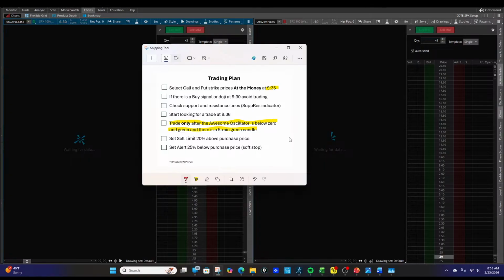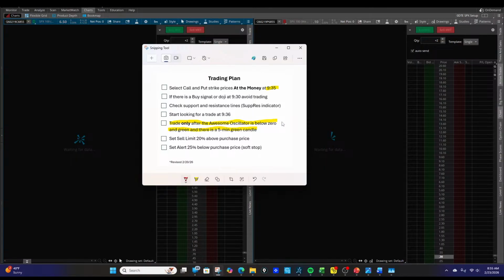I found that the 15-minute candle that I was looking at in the SPY and the VIX was okay, but it really wasn't helping me that much. So I decided to ditch that one, and I'm looking first at the awesome oscillator, that it's below zero, because that's the most important thing.